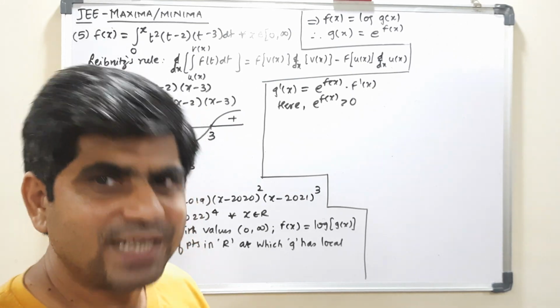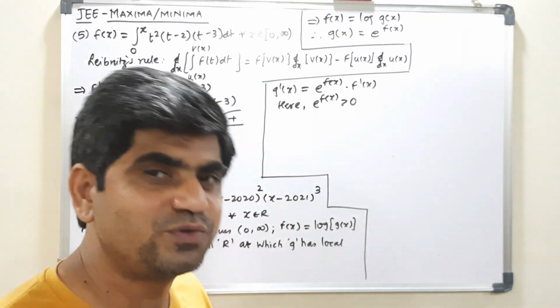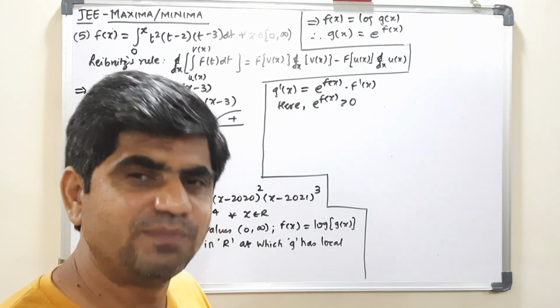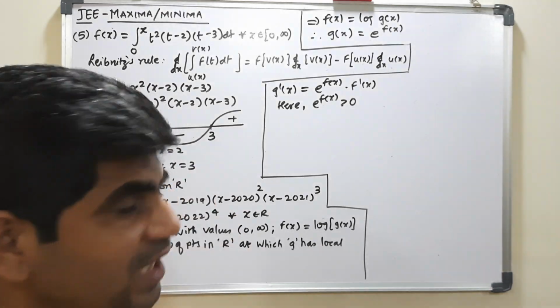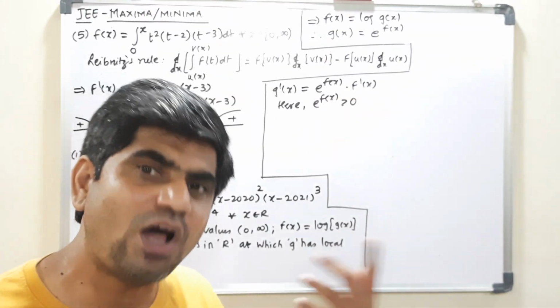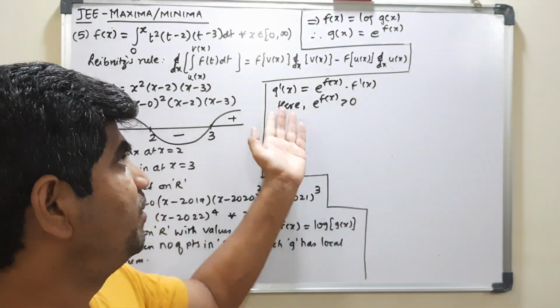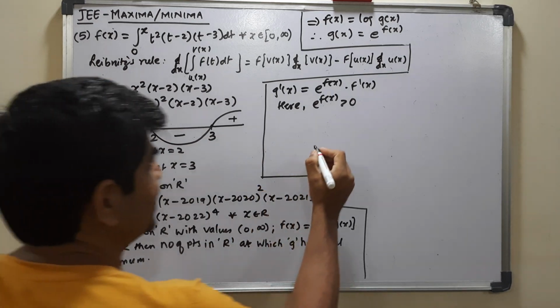I don't want to know the exact points, I just want to know how many points will be there where I will get a local maximum or local minimum, as asked. So I will first check at how many points f dash x has a minimum and maximum. The same points will be for g dash x.